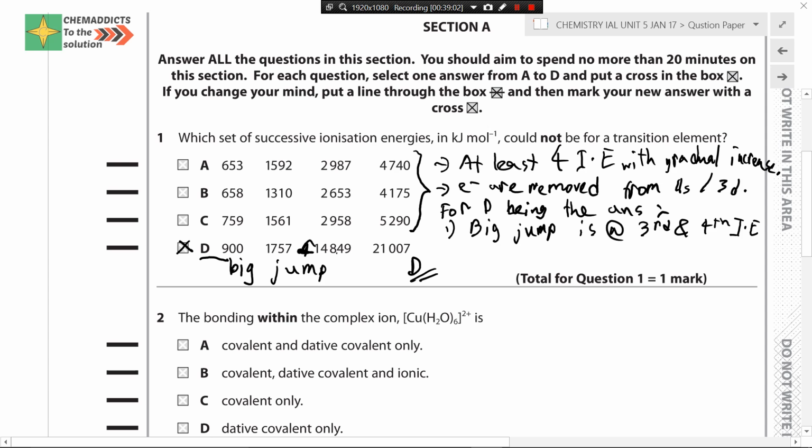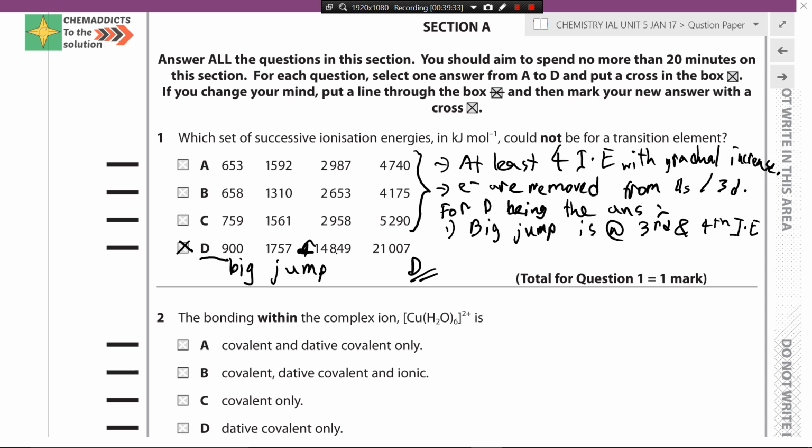For an element to be a transition metal, there should be at least 4 ionization energies with gradual increase, because electrons are removed from 4s or 3d subshells. D is not a transition metal element. Why? That's because there is a big jump between the third and fourth ionization energy, sorry, second and third.